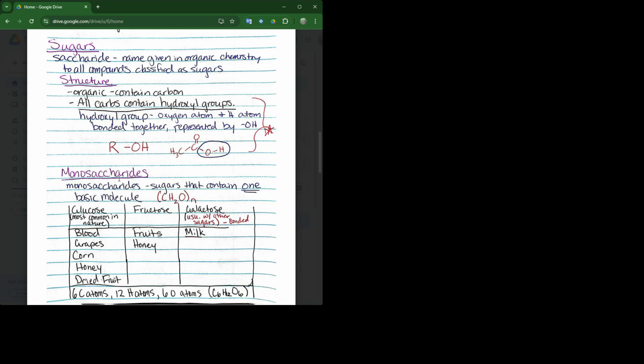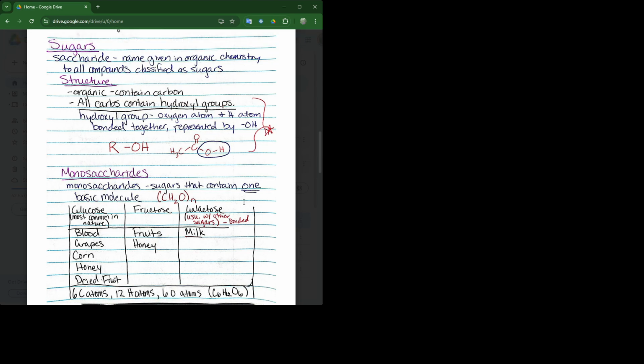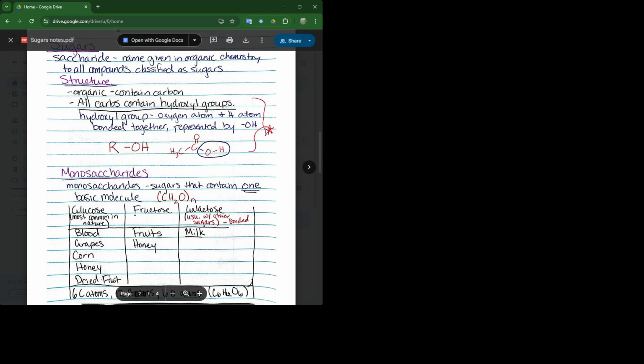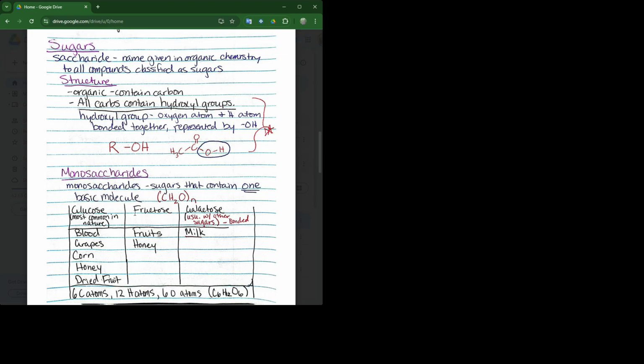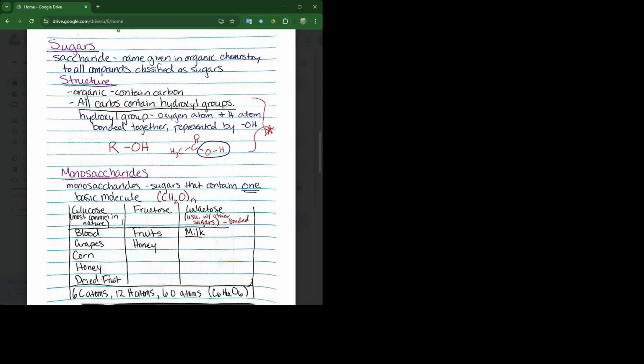Okay. And so what I did here is put a table, right, with 3 columns labeled glucose, fructose, and galactose. And under each one, I gave the extra information that told me more about that type of sugar. Glucose was said to be most common in nature.